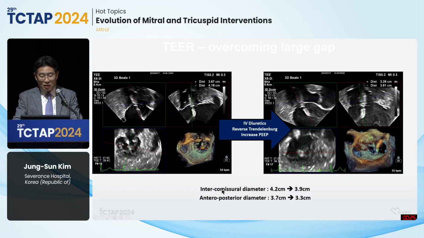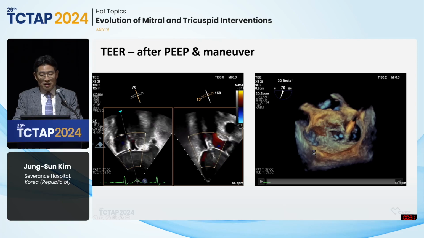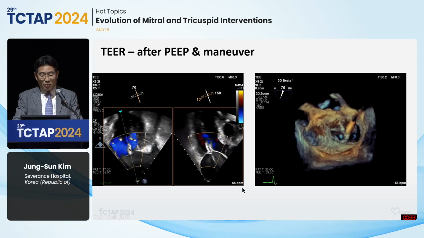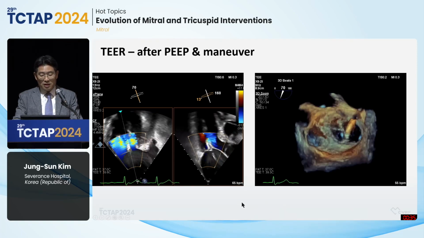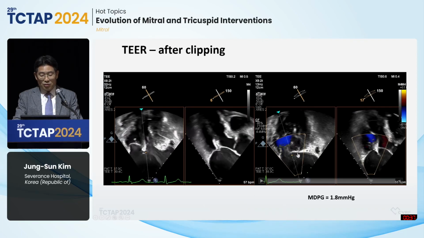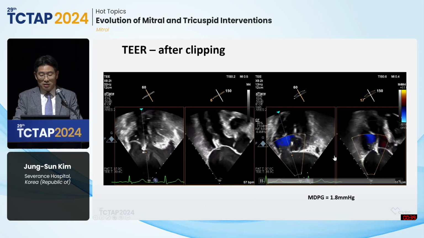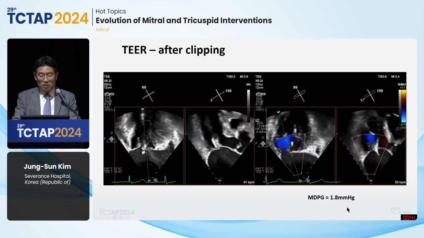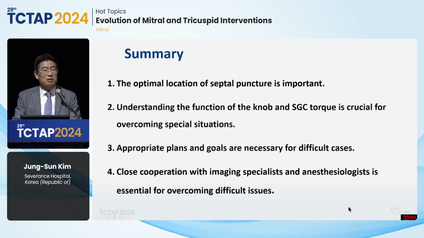We then checked the intercommissure diameter and anterior-posterior diameter, and both significantly decreased. Finally, we grasped both leaflets sufficiently and achieved a significantly decreased MR and an MDPG of 1.8, which was a successful result.